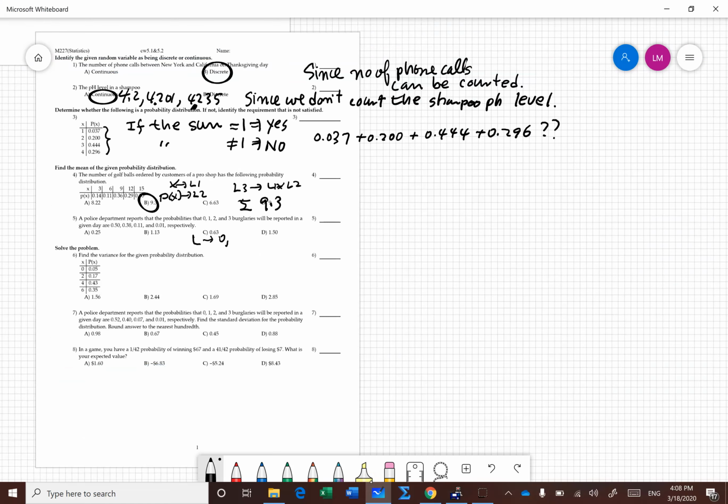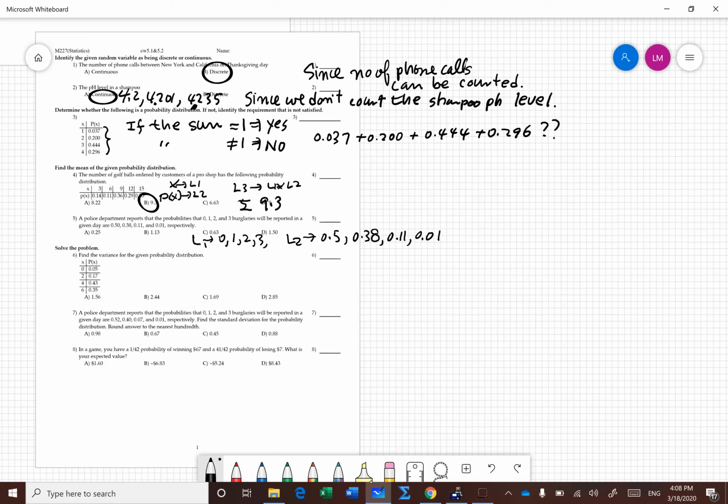L1 is 0, 1, 2, 3. What are you going to put in L2? 0.5, 0.38, 0.11, and 0.01. Do the same thing as number 4.